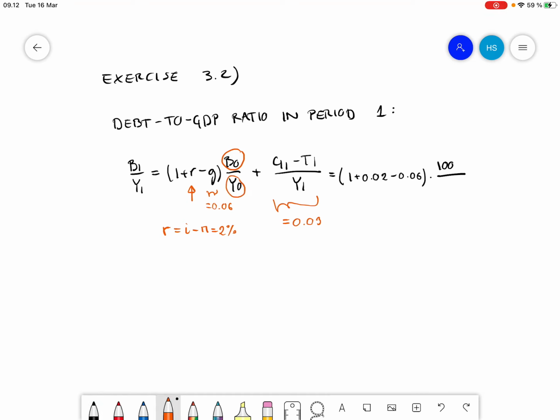What is output in period 0? In this exercise, we only know real GDP of period 1. But we know that the economy grows at 6% every year. So the output in period 1 must be equal to the previous period's output times the growth rate.